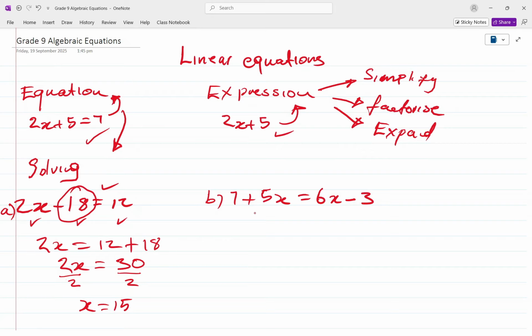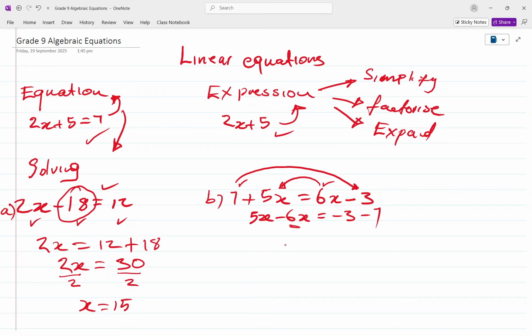So this is what I'm going to have: 5x minus 6x, and on the right hand side I have negative 3 minus 7. This 7, which was positive initially, now it's going to be negative. And this 6, which was initially positive, will now be negative. I have taken this 6 to the left hand side, and I have taken this 7 to the right hand side. I hope we are still together.